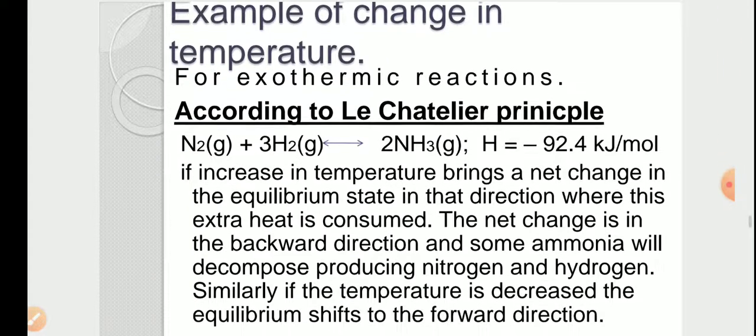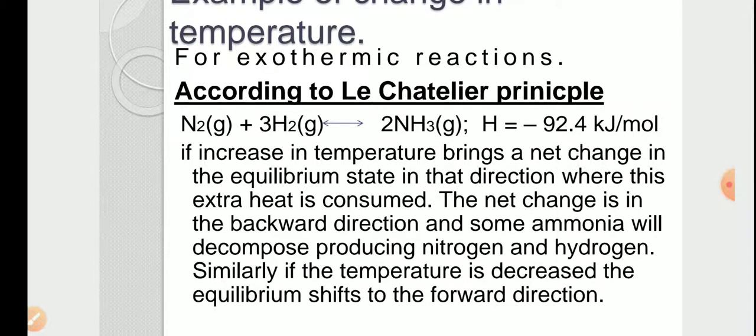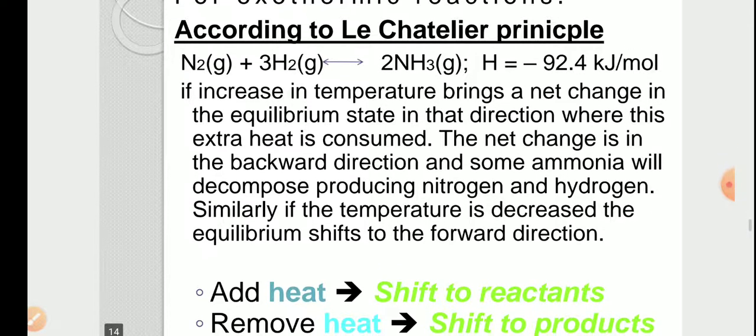So there is an application of temperature in ammonia, but again, today I am not discussing the application of Le Chatelier's principle in particular real cases; we are discussing the principle.